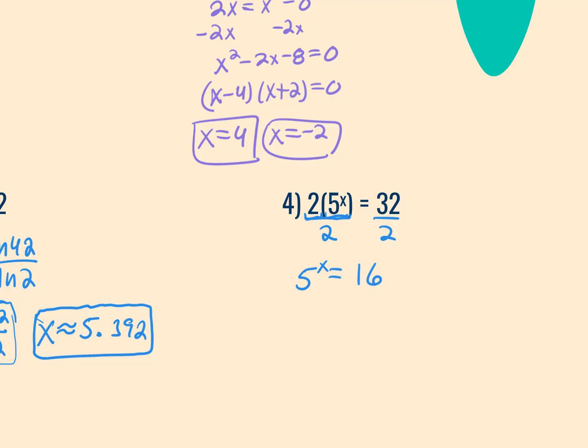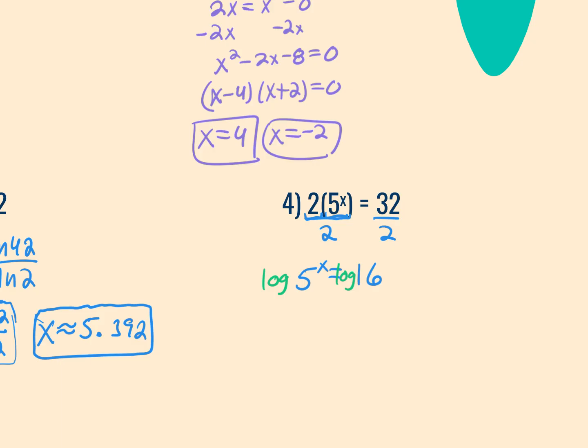Once again, we can't really get 16 to have a base of 5. So what we're going to do is log both sides. And just to show you that it works with anything, whether it's ln or log base whatever, I'm going to do just log. You guys have a log button in your calculator, so I'm going to do log of this one.